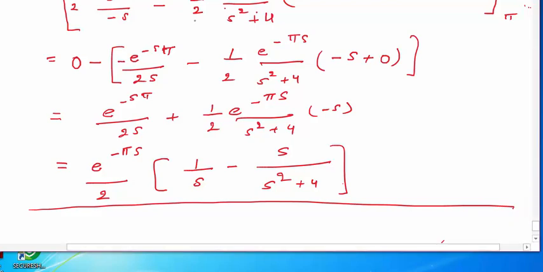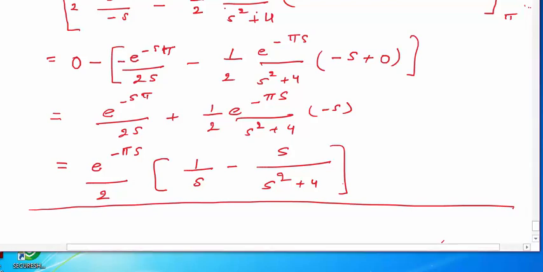And finally, we take e raised to minus pi s upon 2 common, and we can say that it is e power minus pi s upon 2 into (1 upon s minus s upon (s square plus 4)). So this is how we solve problems based on the definition.